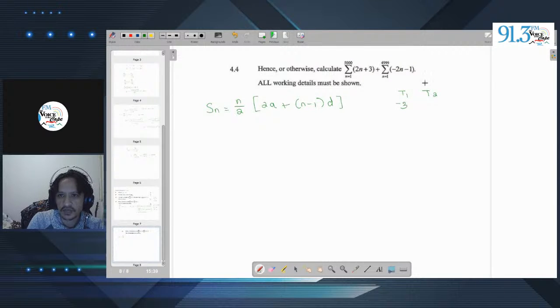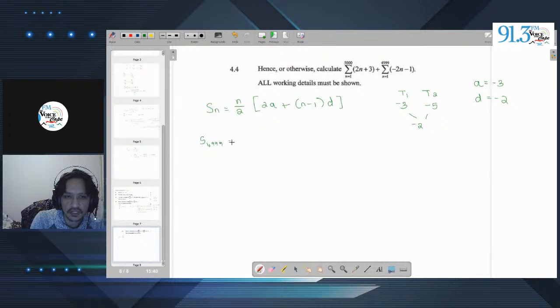What's our second term? 2 times -2 is -4, so -5. So what's the difference? It's going to be -5 minus -3, which is -5 plus 3, and our difference is -2. So now we have the a value, which is -3, and the difference, which equals -2. So we substitute for 4,999.